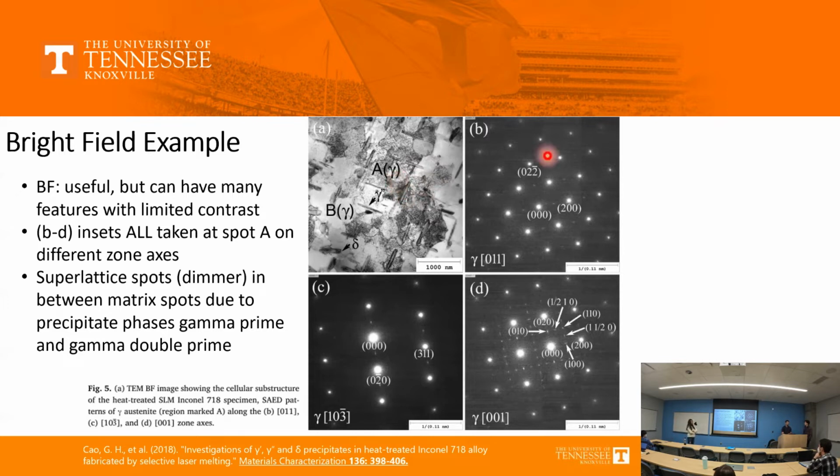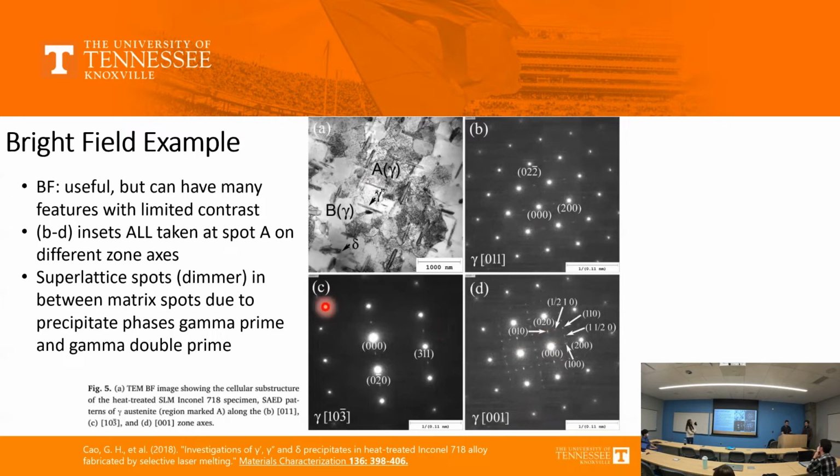We'll get into diffraction more later, but these are three selected area diffraction patterns. These are all taken at this spot A of gamma here, but along different zone axes. You can see the superlattice spots arising from the presence of the gamma prime precipitates have different orientations relative to the main matrix spots, depending on the orientation you rotate through, or what zone axis you're using.